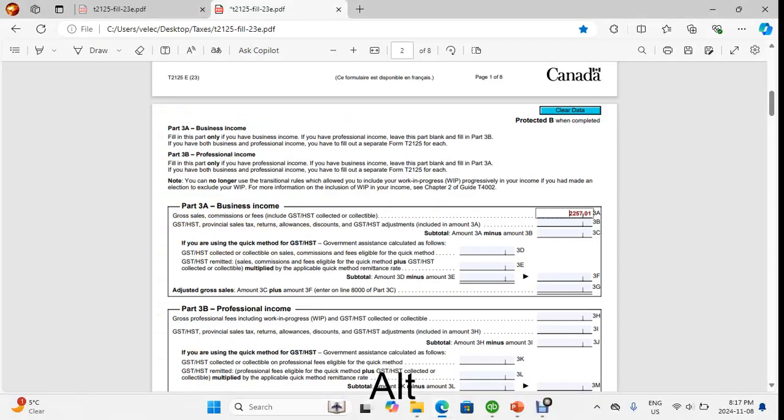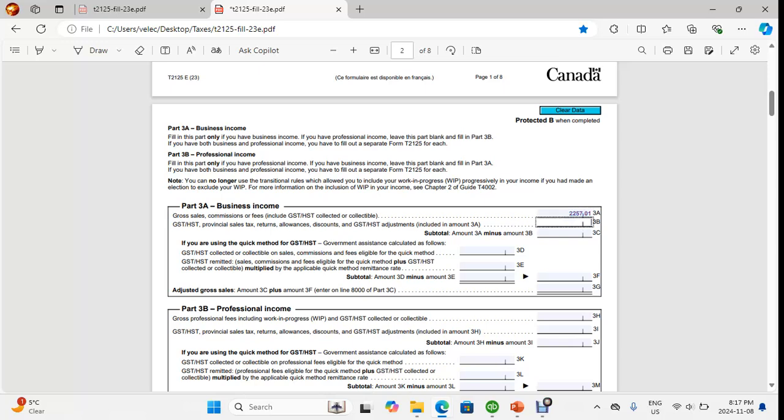Your sales include all sales, whether you received or will receive money, services, or other goods that have bartering or monetary value, such as credit units. Bartering is when two people agree to exchange goods or services without using money. For amount 3A, enter gross sales, commission, or fees, including GST, HST collected or collectible. This is also your line 101 if your fiscal period is 1 year.